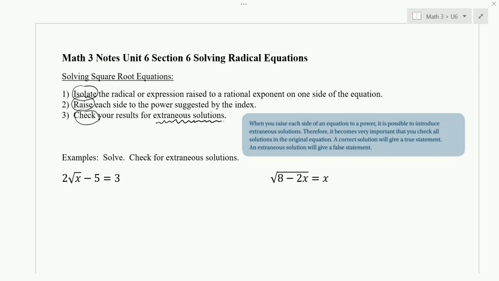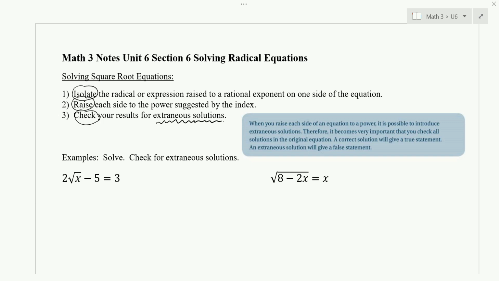The reason it may not work here is you may get a solution and plug it into a square root, and end up with something like the square root of 4 equals negative 2. And that's not true. So we'll see those come up.